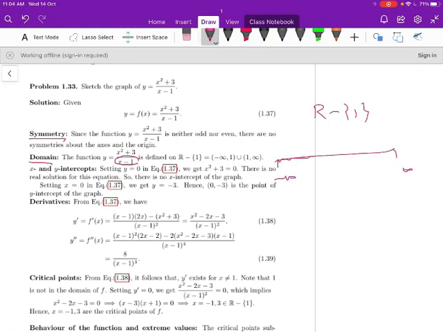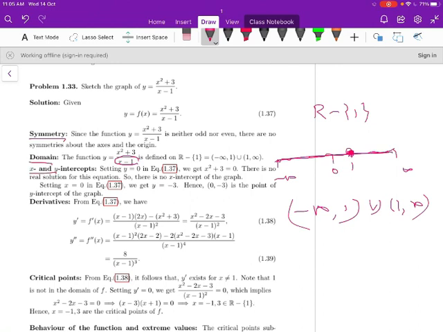The function is defined everywhere except at 1, so at this point the function is not defined. Otherwise you can write minus infinity to 1 union 1 to infinity, both open intervals. This is the domain of the function f.